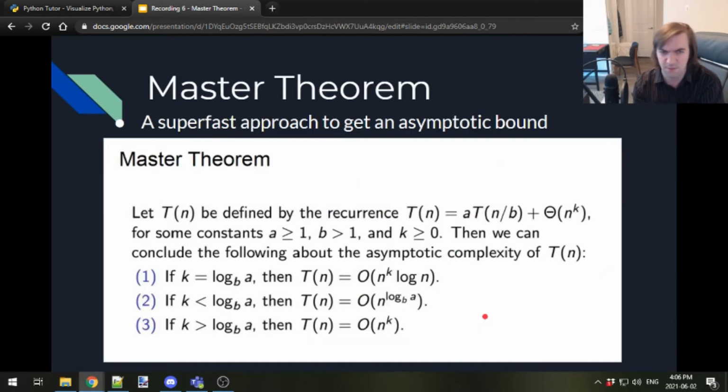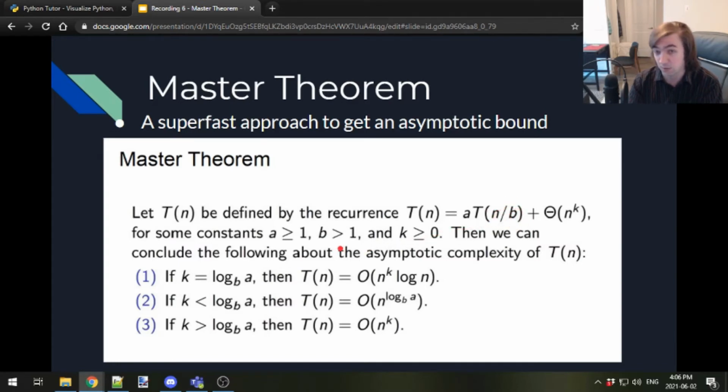So this brings us to the master theorem, a very, very super fast way to get one of the bounds on a recurrence. This only applies to a very specific format of recurrence, which needs to look like the following. A, which is a constant greater than or equal to 1, times T of n over b, n being the input size and b being a number greater than 1.